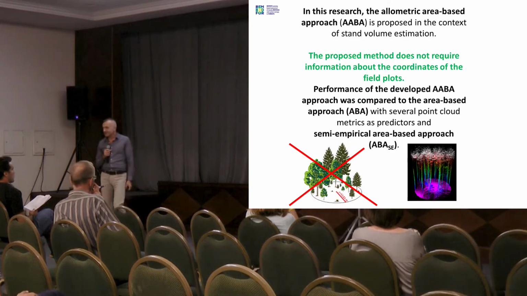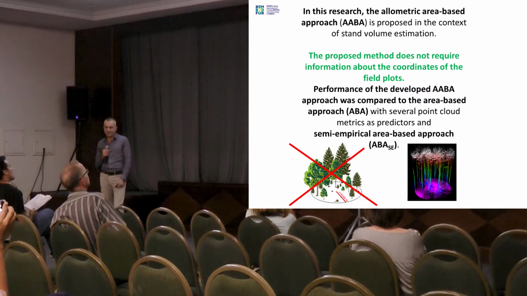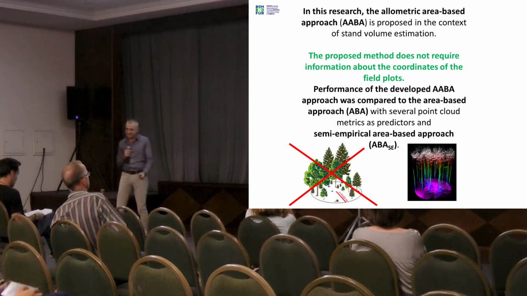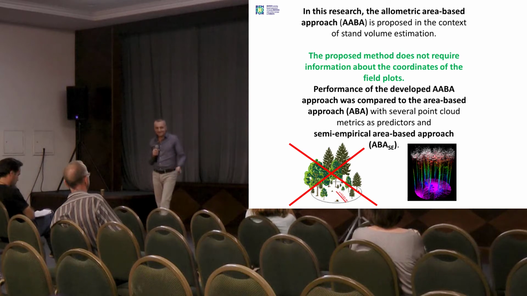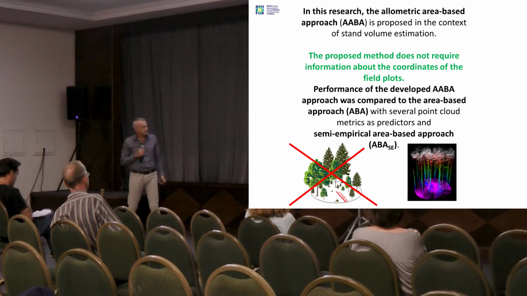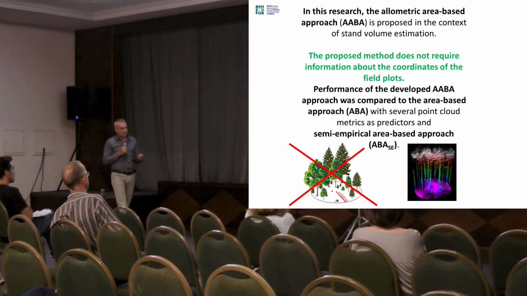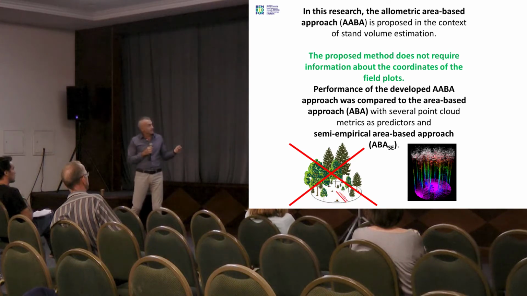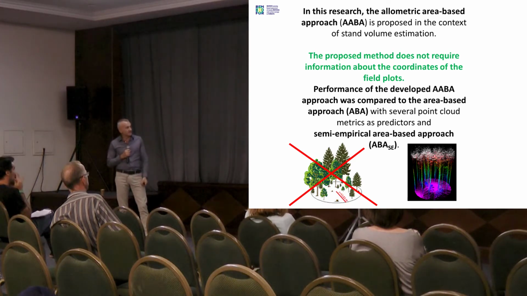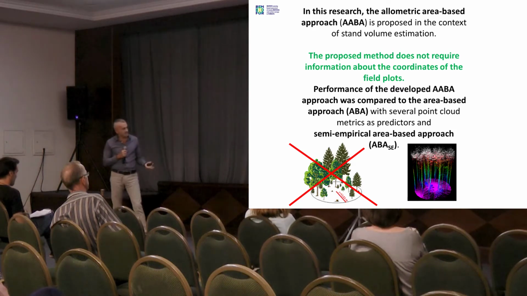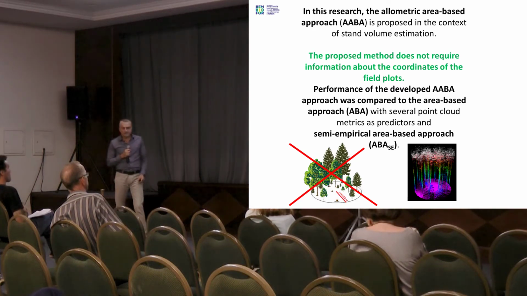In the last years we collected a lot of ALS data and also georeferenced sample plots, and I finally decided to realize this idea. I'm going to now present the allometric area-based approach, which we propose in our research.